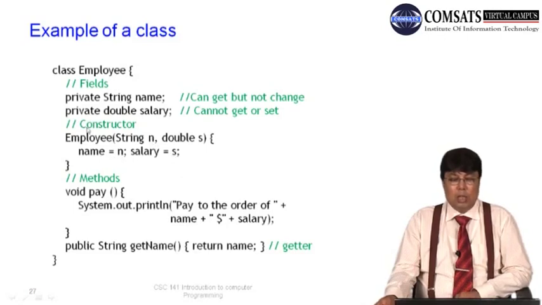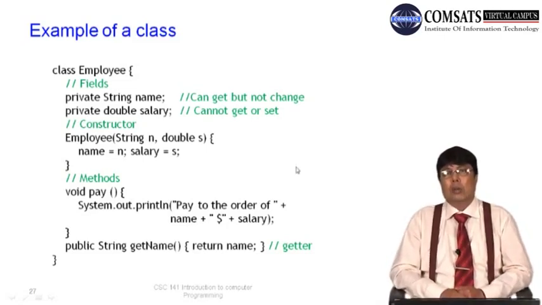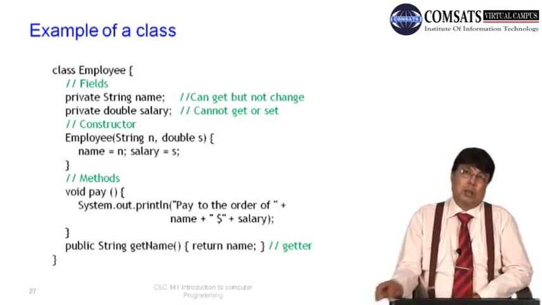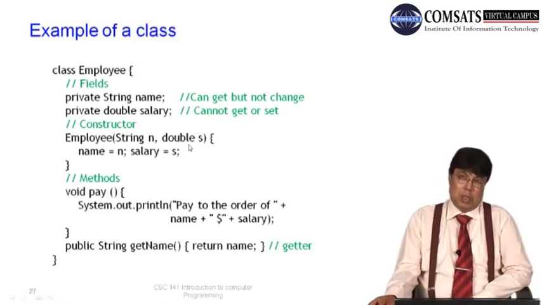So when you call this particular constructor, then this object will be created. A new client has joined the bank, or a new employee has joined the bank, and then this class employee will be used as a template, and then you can just register the name of that employee, and then you can define the salary of that employee, and this new employee object is created.